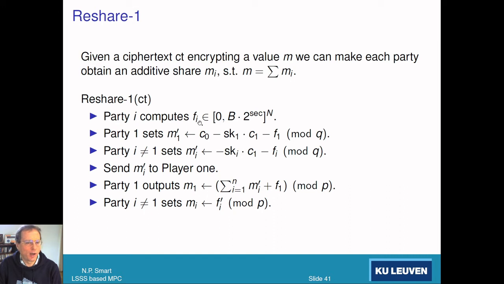So the noise that we're adding in the noise flooding, we're actually going to take that noise mod P, and that's going to be the shares for everybody apart from player 1. And player 1 is going to adjust his sharing by the values he gets from the other players to give us the correct answer. So the sum of the MIs here will sum up to the M encrypted by the ciphertext. So it's nice and simple, really.